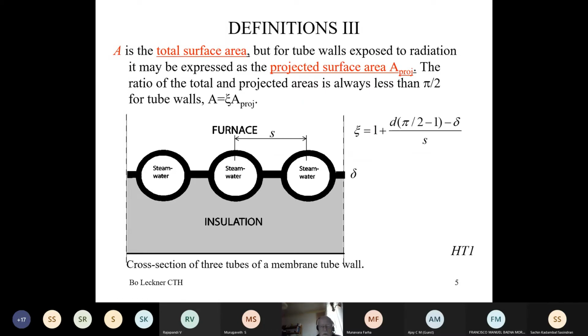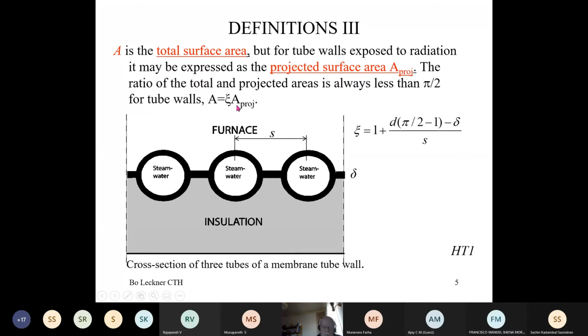So the surface could be either the projected surface or the total surface, and there is a coefficient between them. Of course, projected surface is some kind of straight surface like this, whereas real surface takes care of the curvature of the wall.